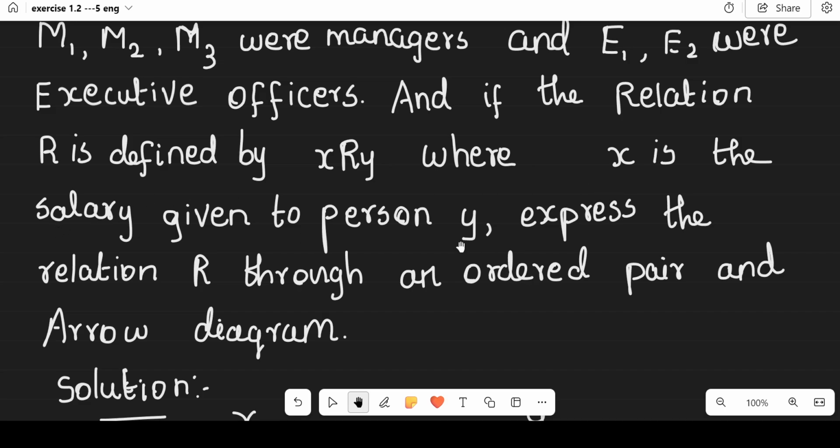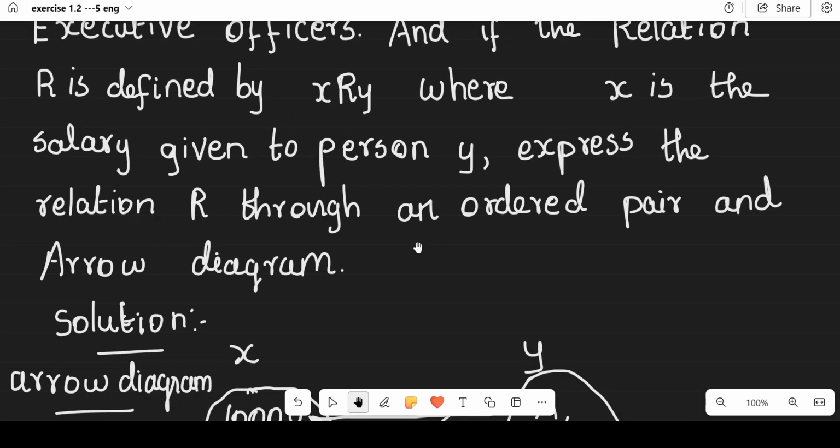Persons, those who are working as managers, executive officers, clerks and assistants. Express the relation R through an ordered pair and arrow diagram. So we have to represent the relation through ordered pair and arrow diagram.